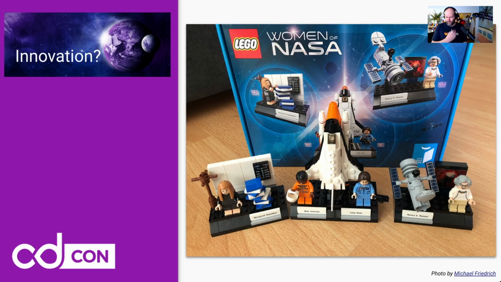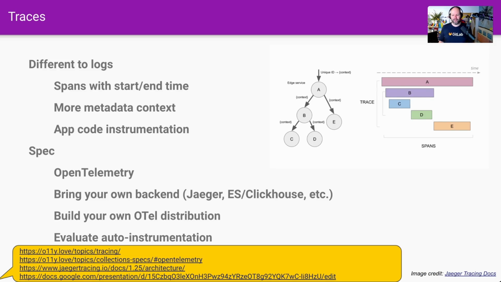Now, how can we approach all these challenges with observability within CI/CD, with metrics, logs, and traces? Is there sort of innovation going on? And traces specifically are different to logs. So it's a kind of log, but it provides traces and spans with a start and an end time.